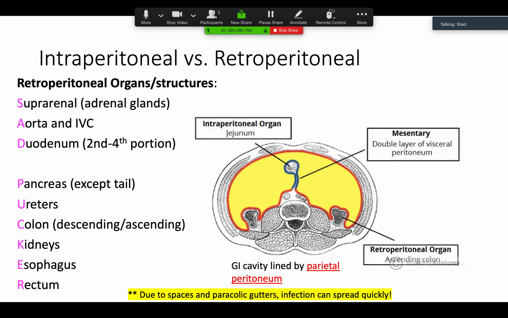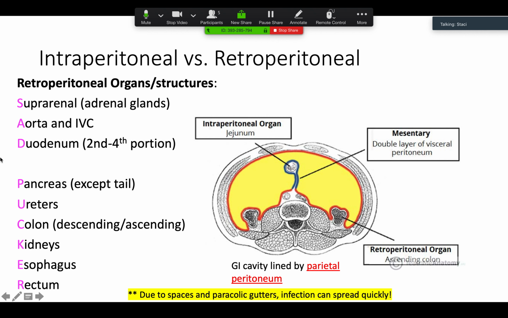So you have to know if it's intraperitoneal or retroperitoneal. The retroperitoneal are the things that are stuck on the back. Intraperitoneal I think of more as an island organ that's off by itself, whereas the retroperitoneals are far back.